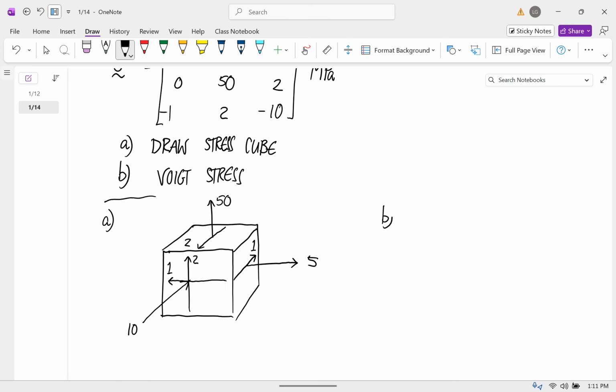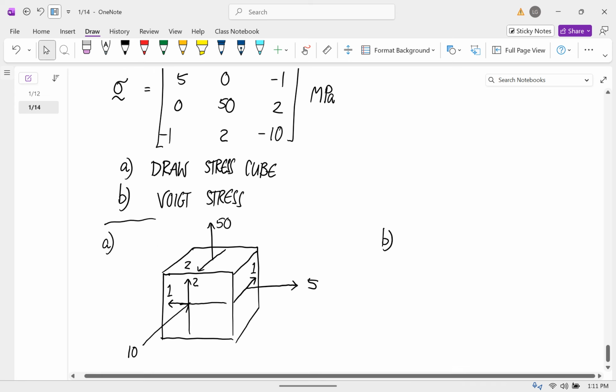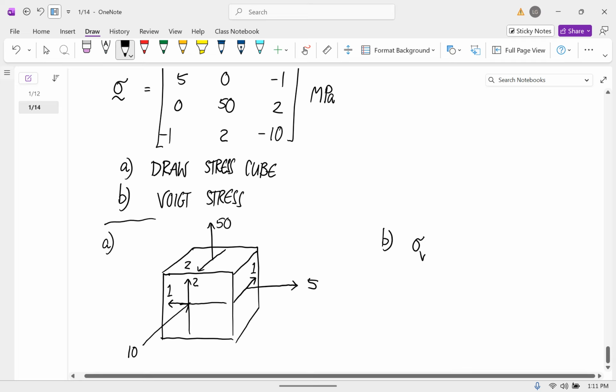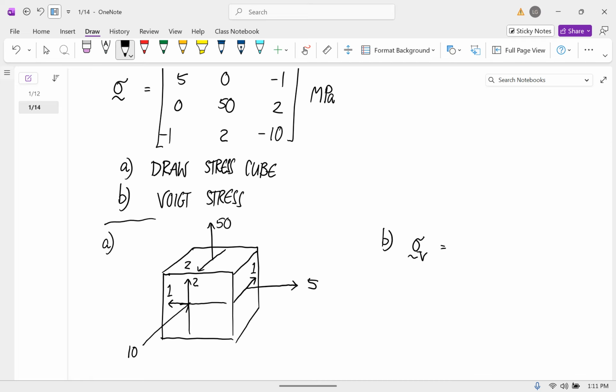And then second, for the Voigt stress, we're going to start out with the normal stresses. So 5, 50, negative 10.